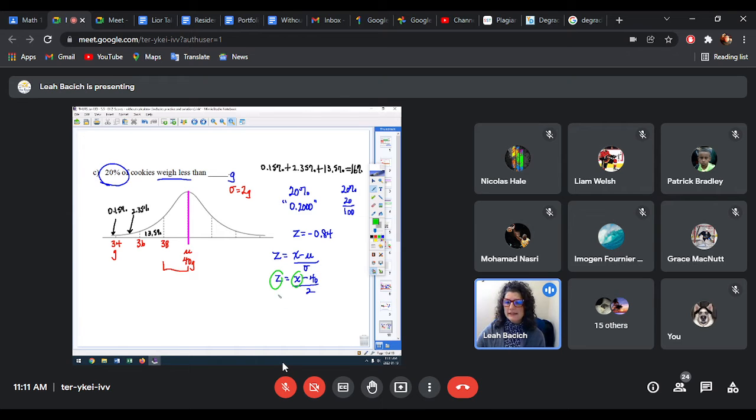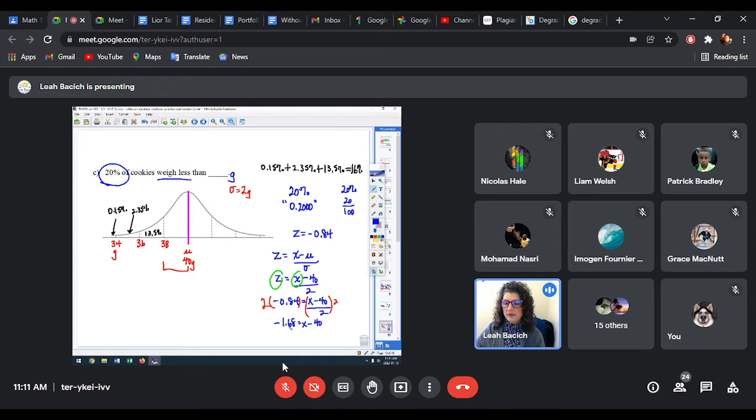So now I can say negative 0.84 is equal to X minus 40 over 2. I can multiply both sides by 2. And when I do that, I end up with negative 1.68 is equal to X minus 40.